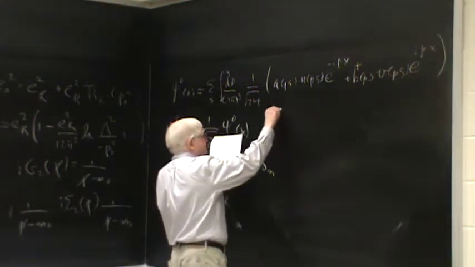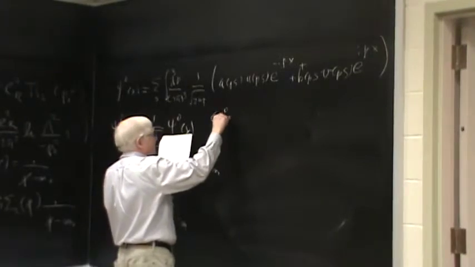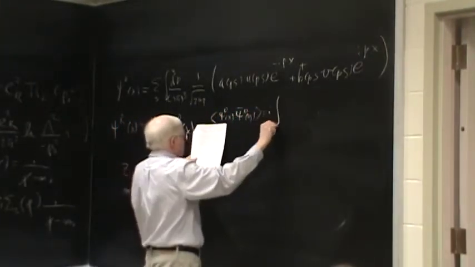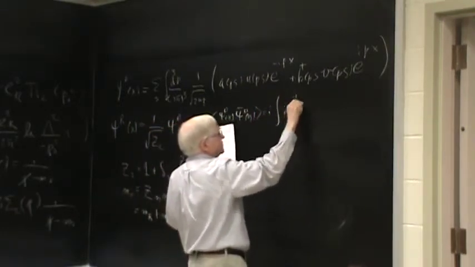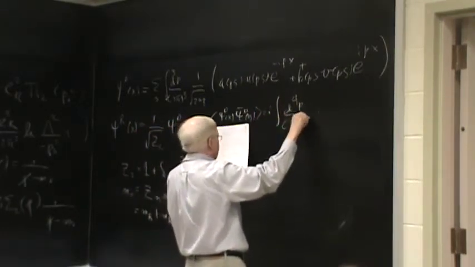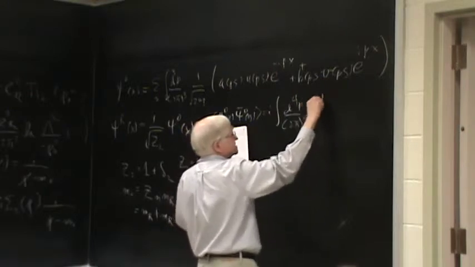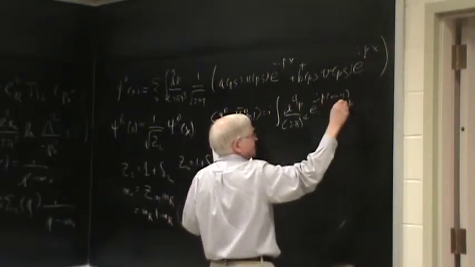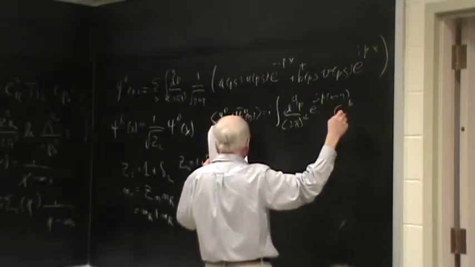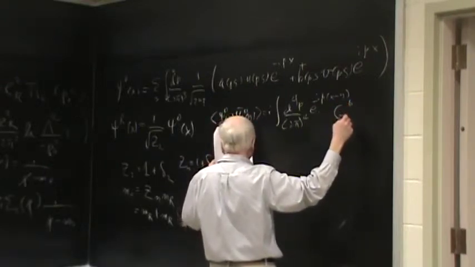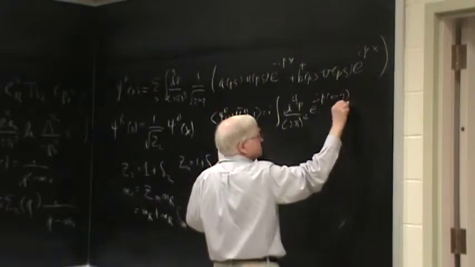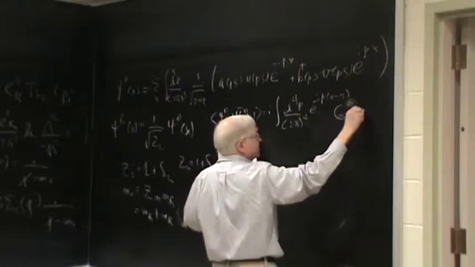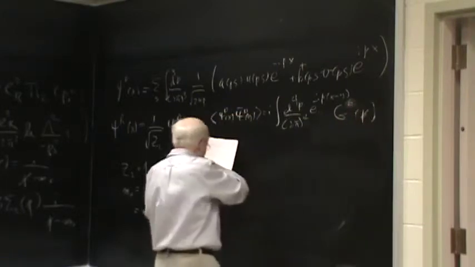And so psi 0 of x, psi 0 bar of y is i d^4p over (2 pi)^4. This is the ordinary Feynman propagator. I'll just write this as G. I don't know why you didn't just use G0. I think I'm just going to use G0. Well, no, G bar of P slash.